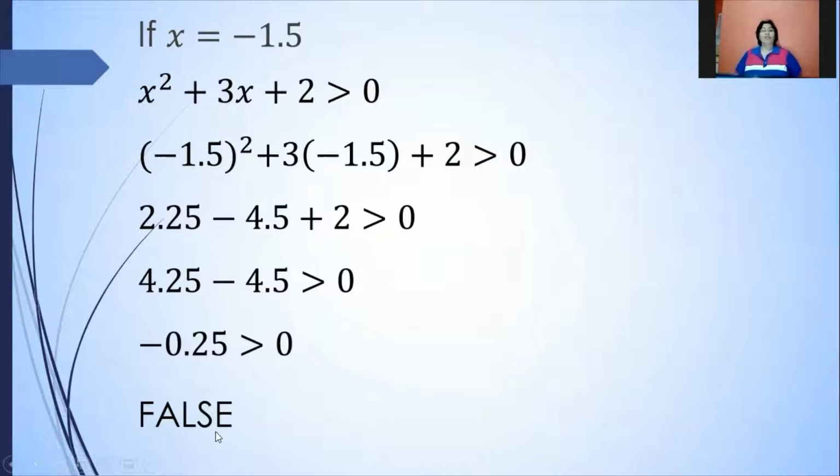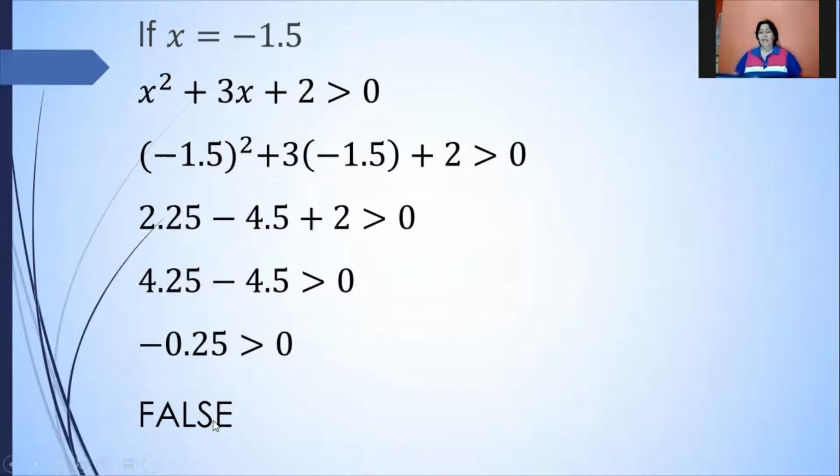It is false. Yes, a negative number is always less than 0. But here, negative 0.25 is greater than 0. It is false.